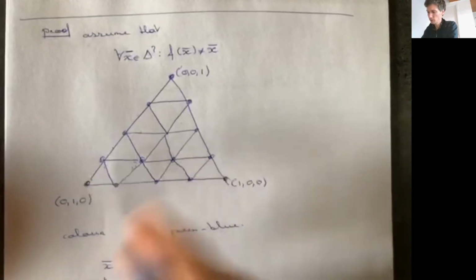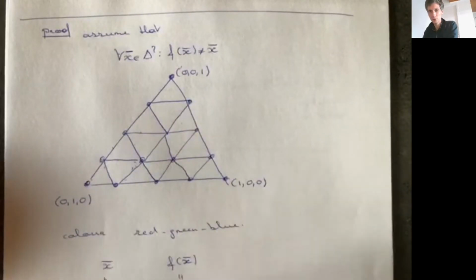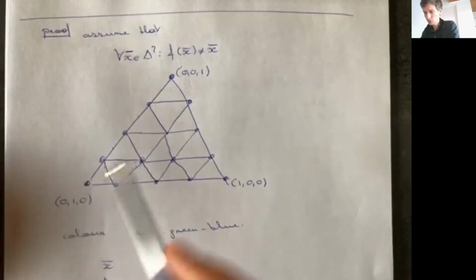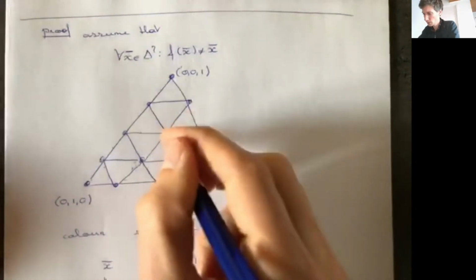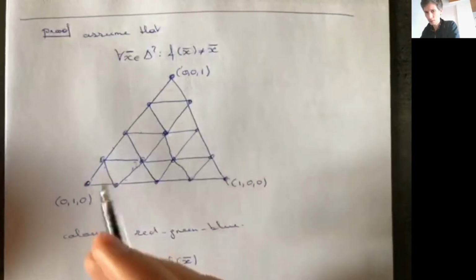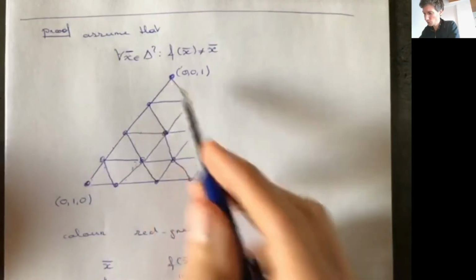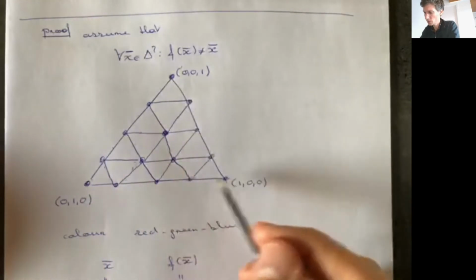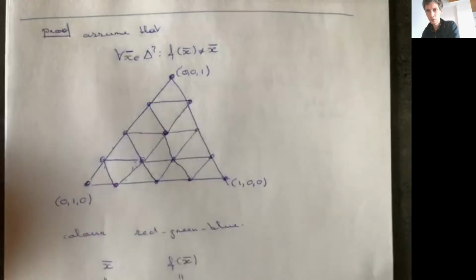So we would like to color these vectors or vertices. Remember, for Sperner's lemma to hold, what we need is 3 things. We need to be able to color every vertex; everything needs to have a color. That's one. Second, these 3 corner vertices need to have different colors.